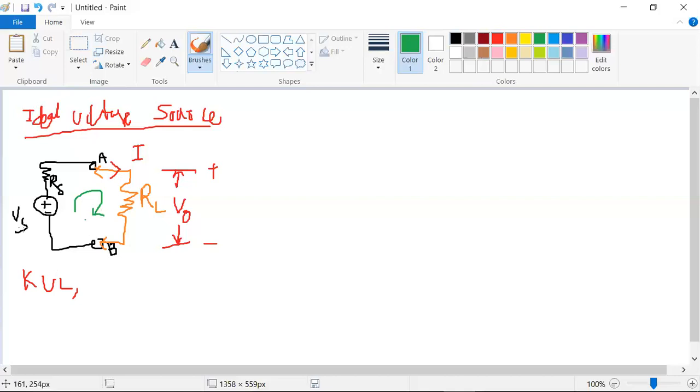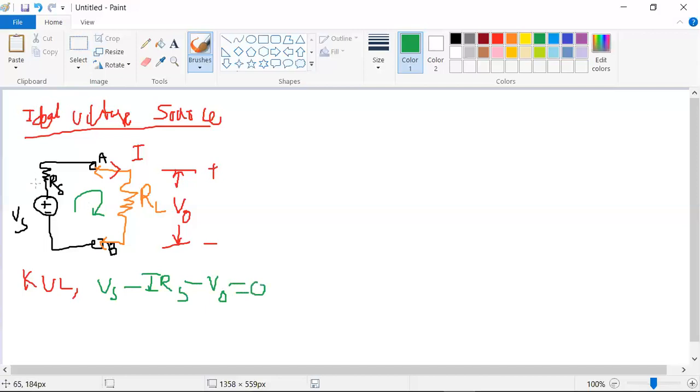You already know how to write the loop equation. The leaving sign is plus Vs. I am writing directly: Vs minus I Rs minus V, this is the output, minus V naught, is equal to 0.